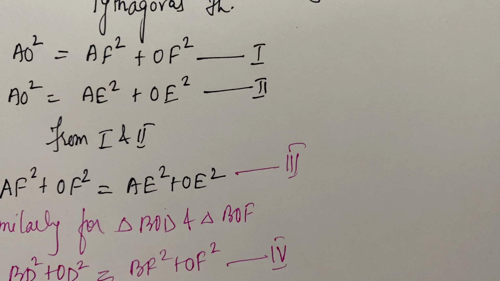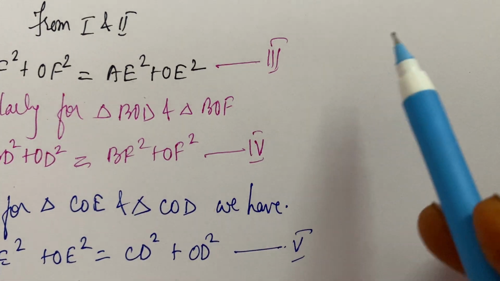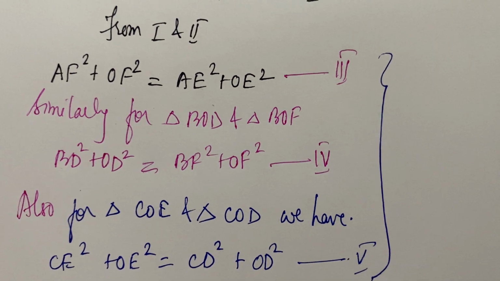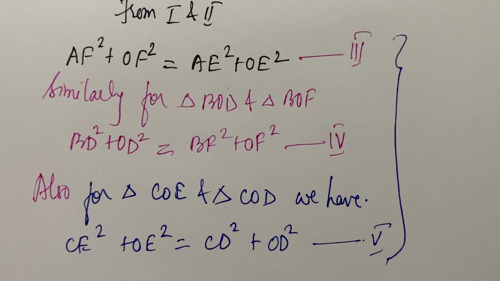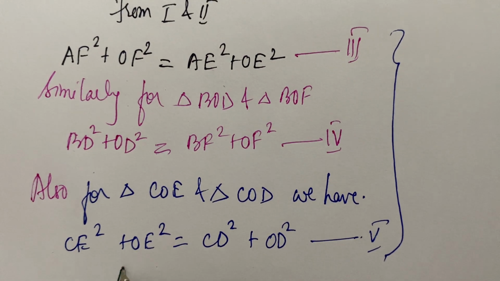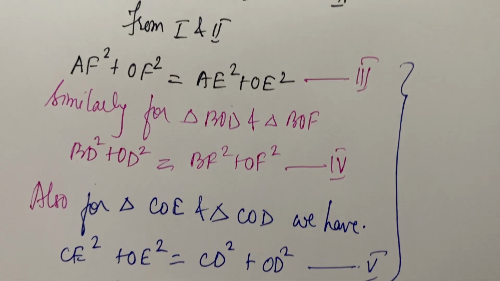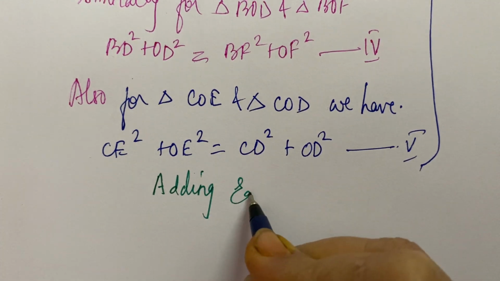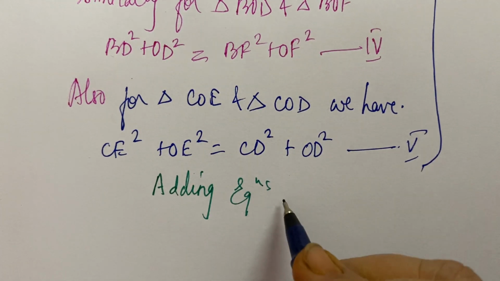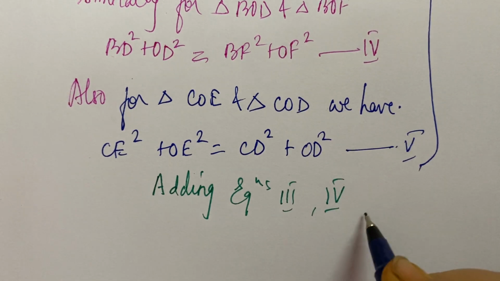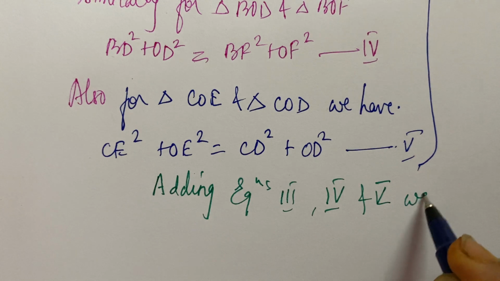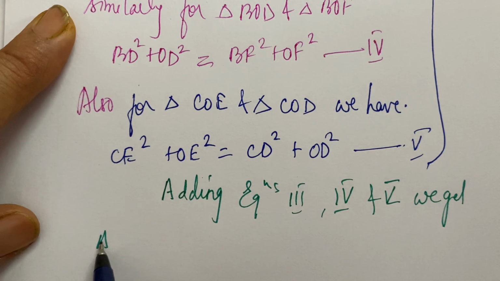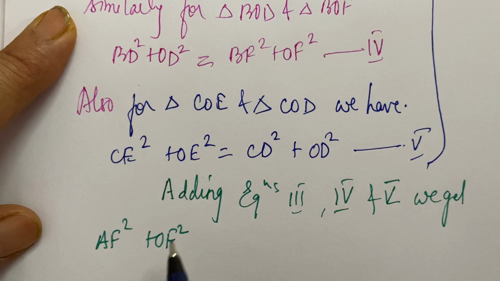What we do is we will add these three equations, 3, 4 and 5. What are we going to do? We will add these three. Adding equations 3, 4 and 5, we get, what do we get? Now see, this is your 3, AF square plus OF square.